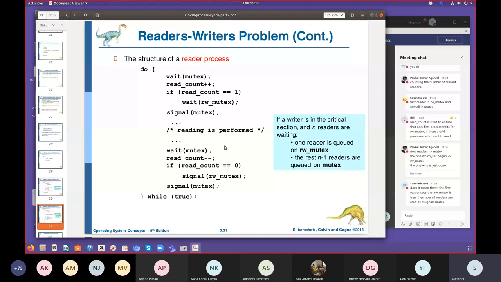Shomnath is asking, does it mean that if the first reader sees that RW mutex is free, then now all readers can read as it signals mutex? Okay, others, what do you think is the answer?